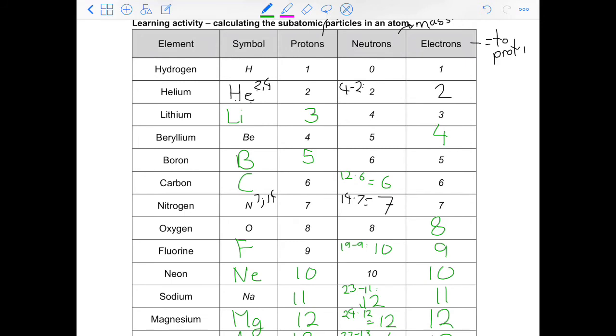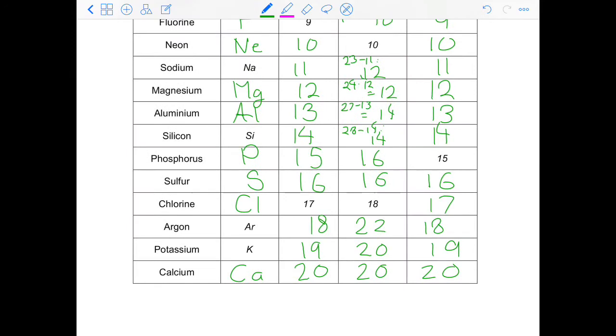And that's because different atoms can have different numbers of neutrons, and we call those isotopes.